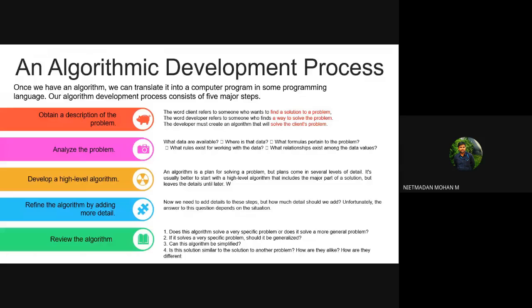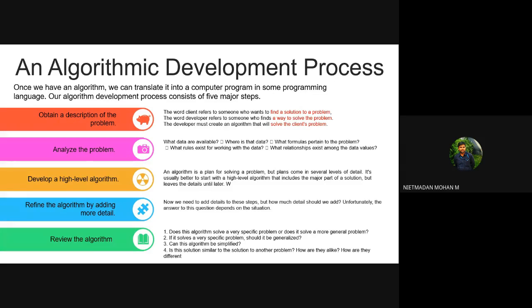And the final thing, the algorithm development process. There are 5 steps in the process: obtain a description of the problem and analyze the problem, develop a high-level algorithm, refine the algorithm by adding more details, and review the algorithm. So these are the 5 development processes.